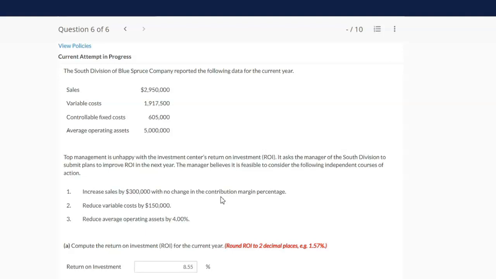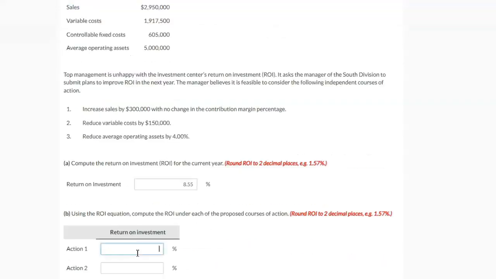Now subtract the controllable fixed, which is 605,000. So what's your new controllable margin? 532,500. Your average operating assets are the same, so what's your ROI? 10.65.